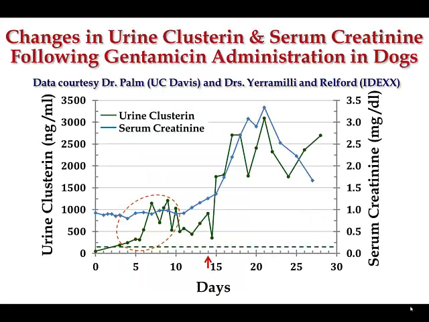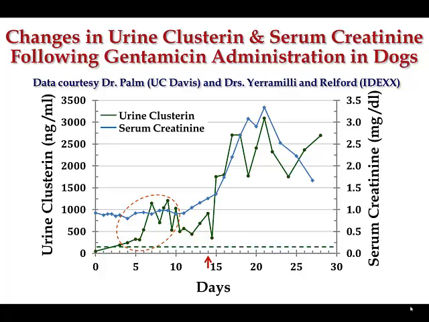We look at urinary clusterin, and we put this line here as probably the boundary between what's probably normal and what's abnormal. Again, compared to serum creatinine, we can see that the clusterin levels increased fairly dramatically over time. There's some noise in this that maybe Dr. Yerramilli has some better understanding of, but this may be waves of damage in the kidney.